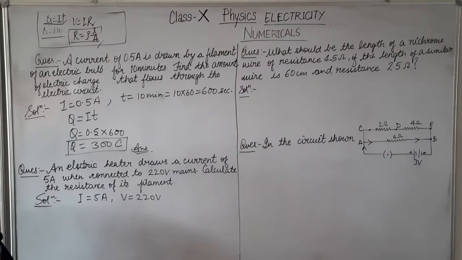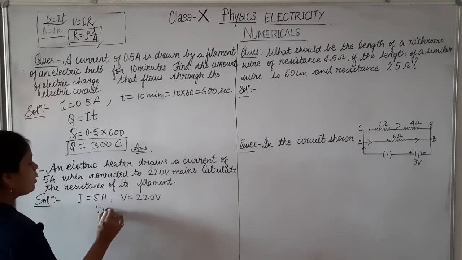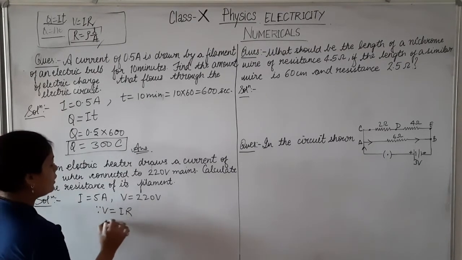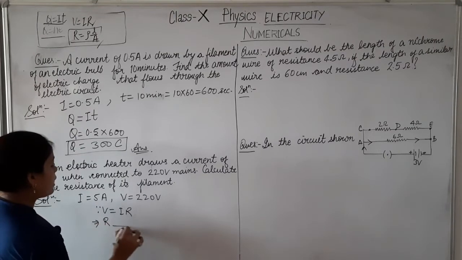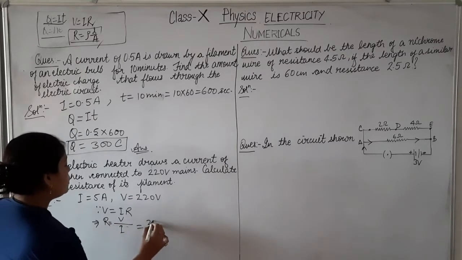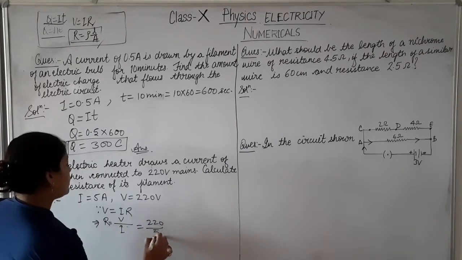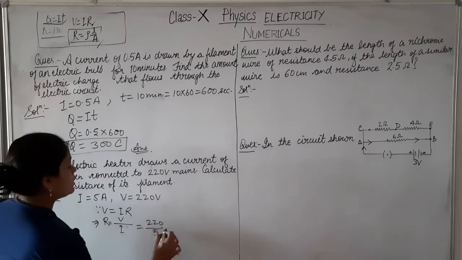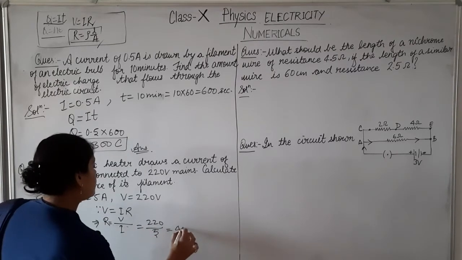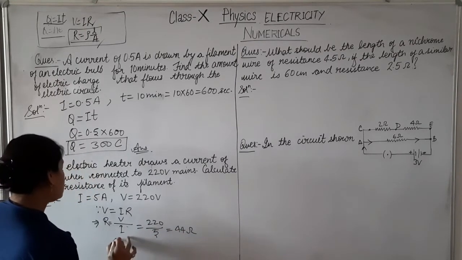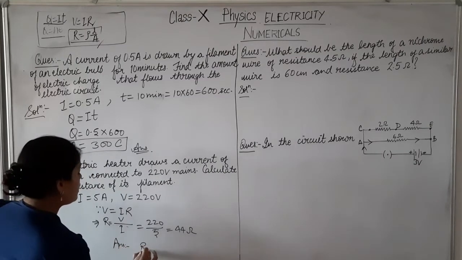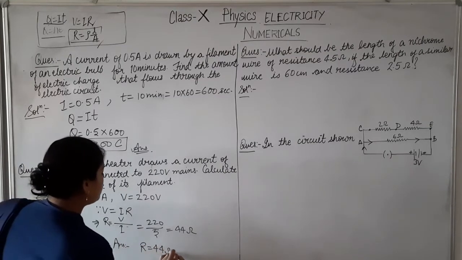How will you calculate the resistance? With Ohm's law we know that V is equal to IR. So this implies R is equal to what? R is equal to V by I, means 220 upon 5. Dividing this, we will get 44 ohm. So answer will be R is equal to 44 ohm.